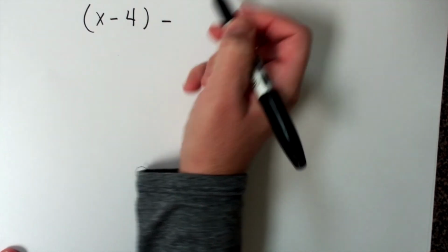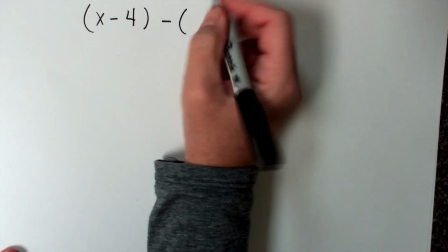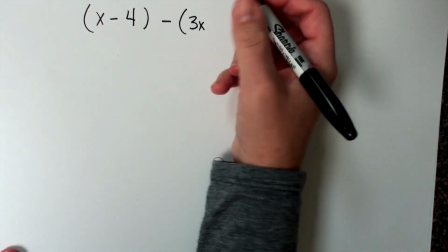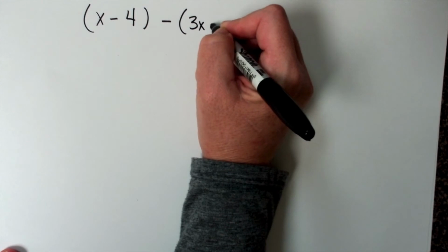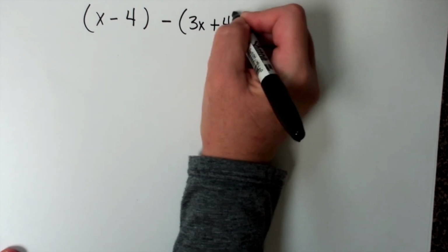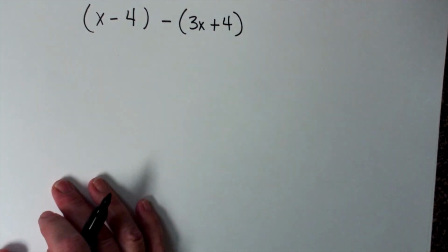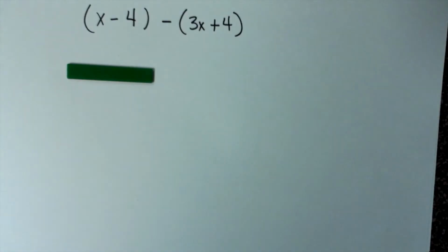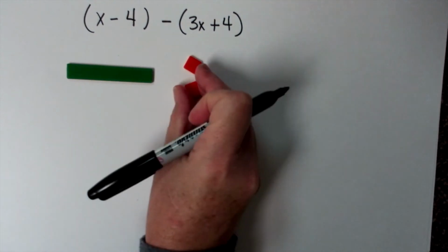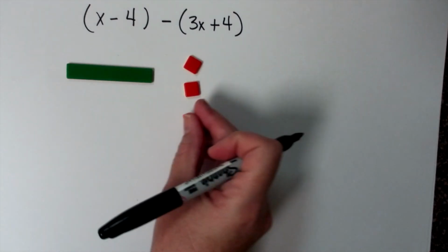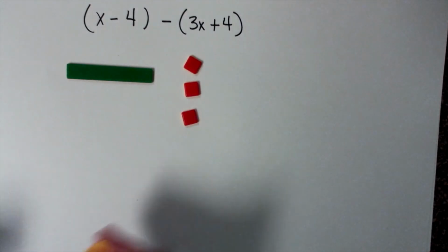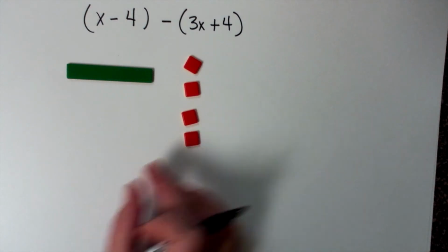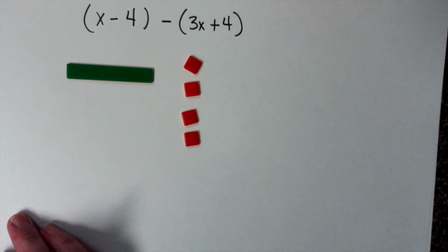And we're going to subtract 3x plus 4. Now, let's go ahead and do the x and the negative 4. Now at this point, it's saying I need to subtract 3x.